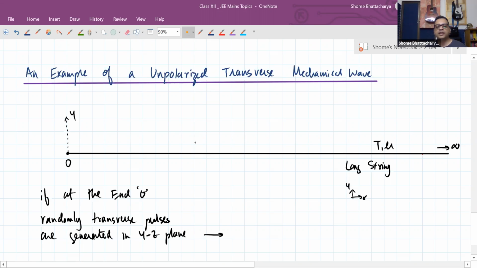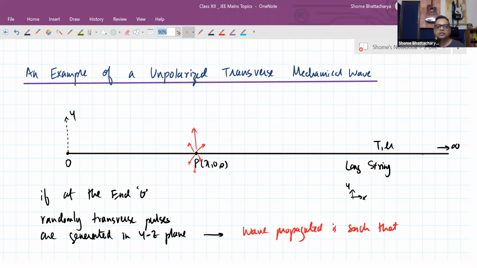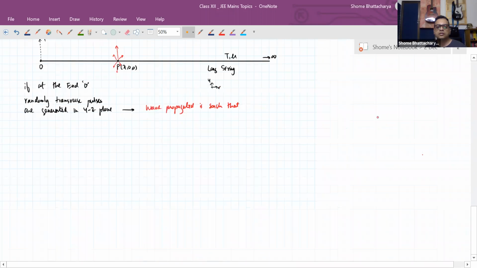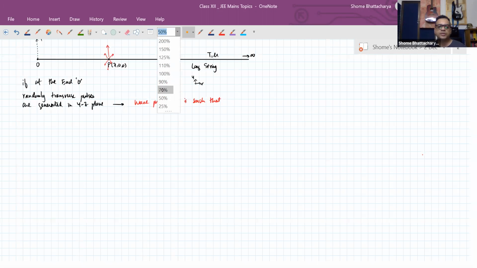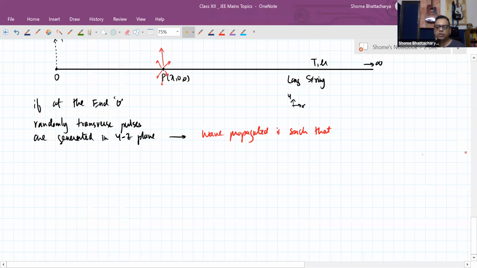Okay, then what will happen at any point on the x-axis? Our direction of displacement will not be along the defined axis. It will keep varying in the YZ plane. So the wave propagated is such that the displacement at the random point P will not be along a fixed axis anymore.